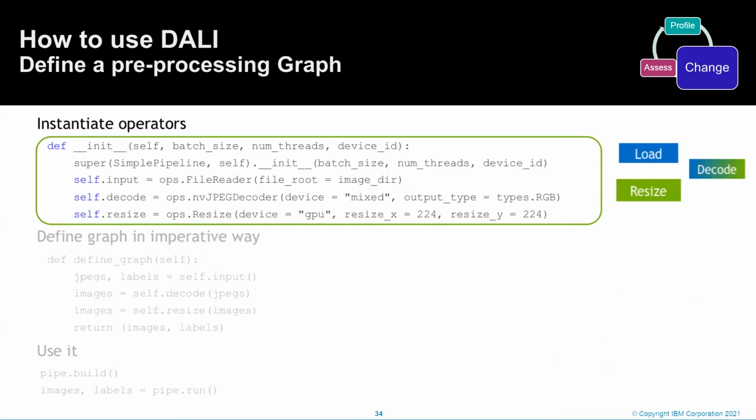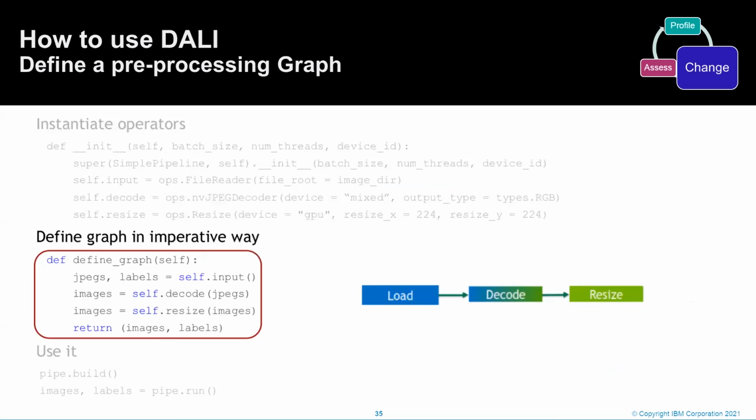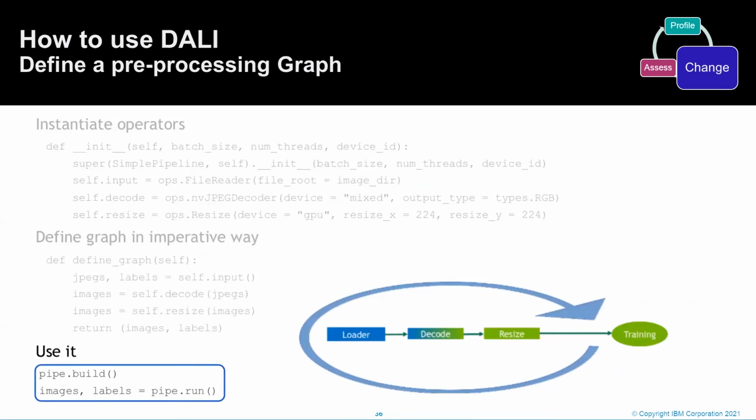The way to use it is quite straightforward. You have to instantiate operators first and define an execution graph in an operative way, and then build it, and you can run it in your pipeline.